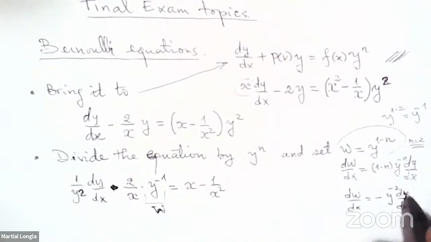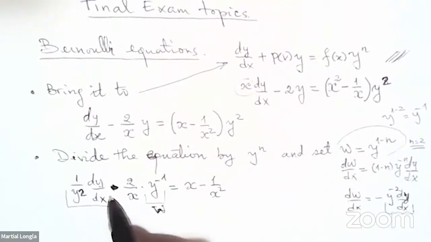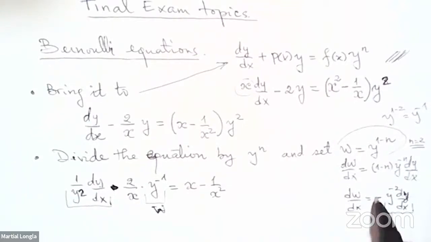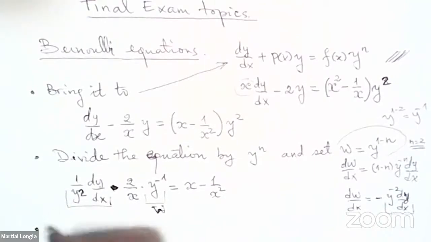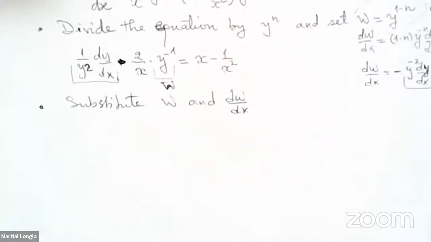If you look carefully, you would see that this piece here is exactly what we have here. The difference is that you got a negative sign in front. So we put that in here. In the next step, substitute w and dw/dx in the equation.